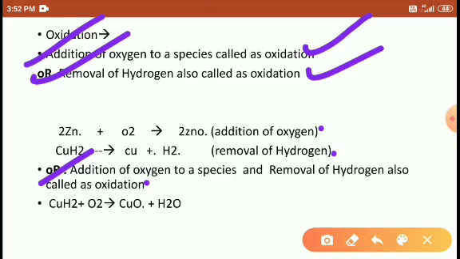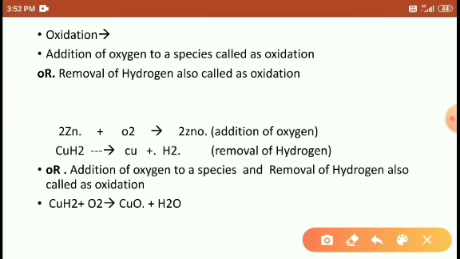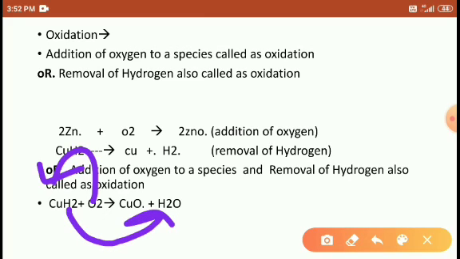Addition of oxygen to a species or removal of hydrogen is called oxidation. Look here: we are adding oxygen to copper and removing hydrogen from copper hydride, and that is called oxidation, right students?